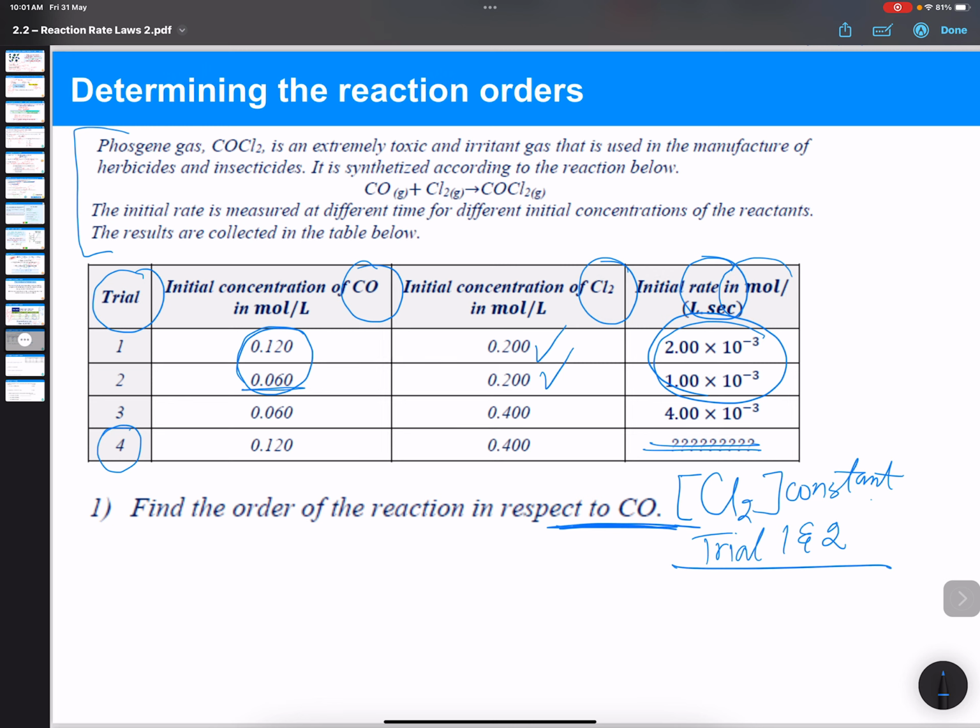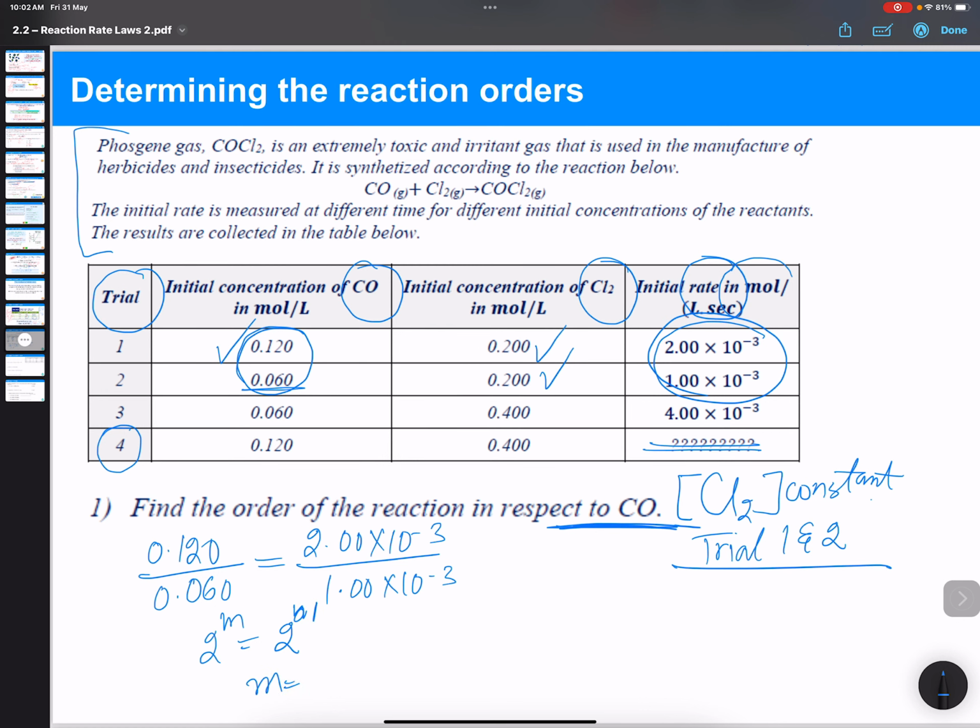Which value is bigger? The first one. So 0.120 over 0.60 equals 2 into 10 raised to minus 3 over 1 into 10 raised to minus 3. Solve it. 2, so you'll get this as 1. So the order with respect to CO is 1.